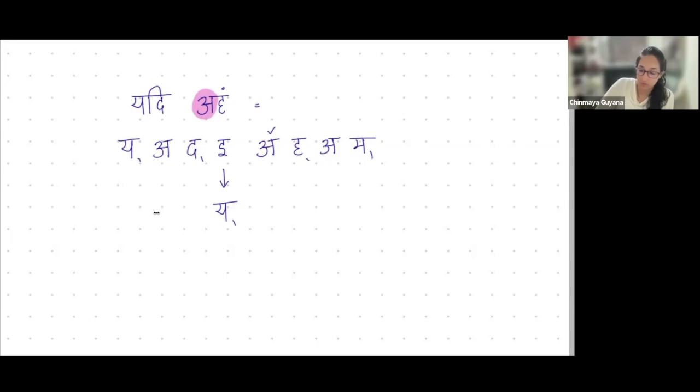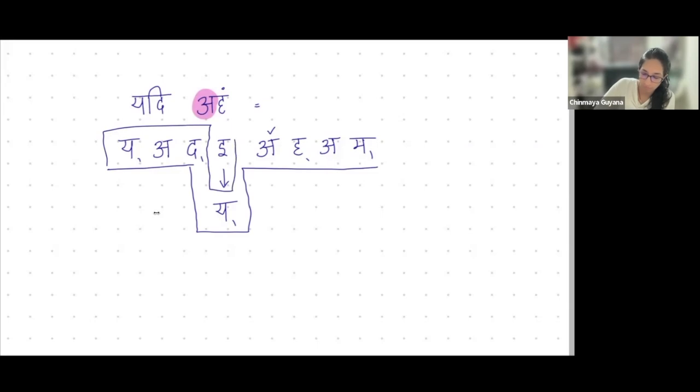So your new word is going to become this. Yadyaham. Not yadiyaham. I don't know, so many different ways it could be mispronounced. Yadyaham is the word.